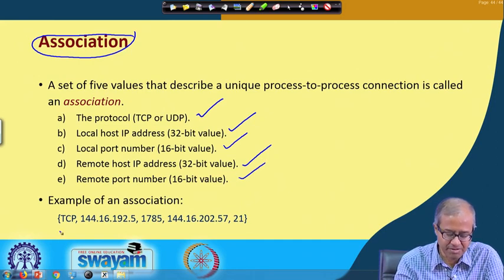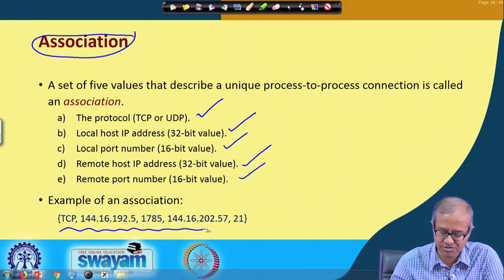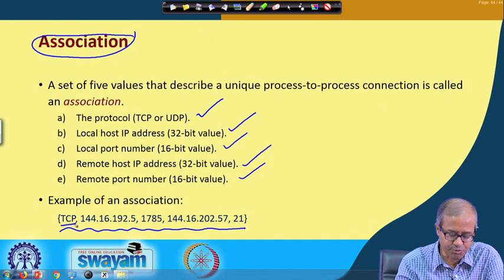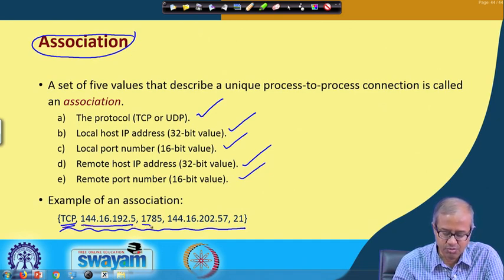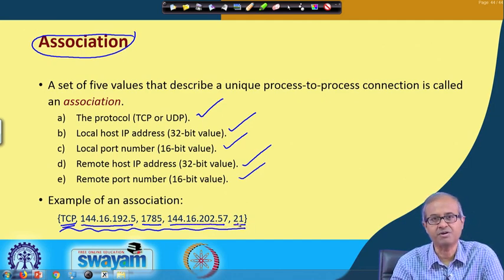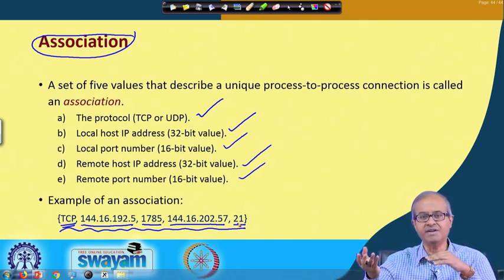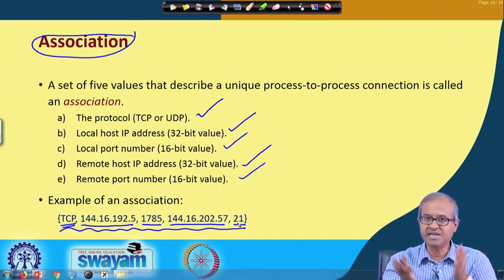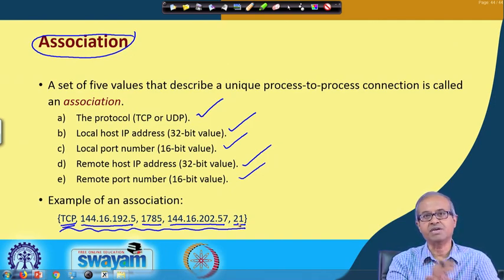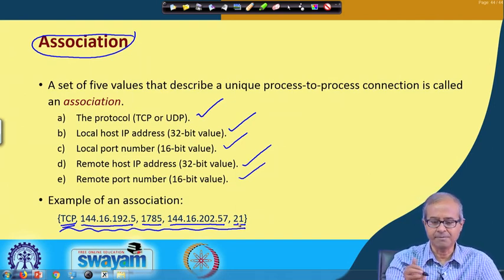As an example, an association could use the protocol TCP/IP, local IP address, local port number, remote IP address, remote port number. Whenever you do some kind of communication over the internet, this kind of association gets created automatically in the underlying networking software or the networking driver that is present.